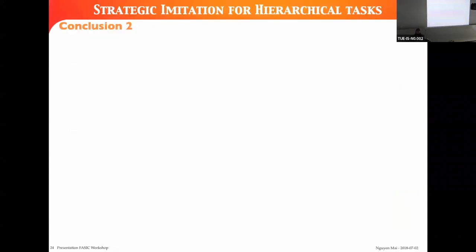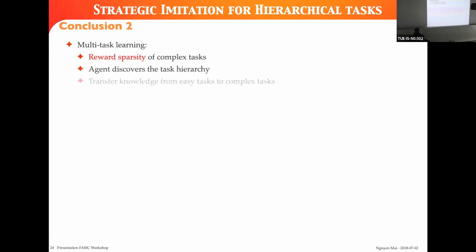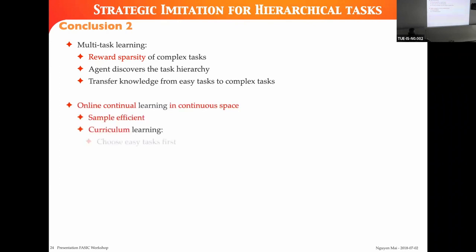So as a conclusion for this part, we have an algorithm that was able to do multitask learning and so solve reward sparsity of complex tasks by having an agent that discovers the task hierarchy so that it can transfer knowledge from easy tasks to complex tasks. We also have an algorithm that can do online continual learning in continuous space.